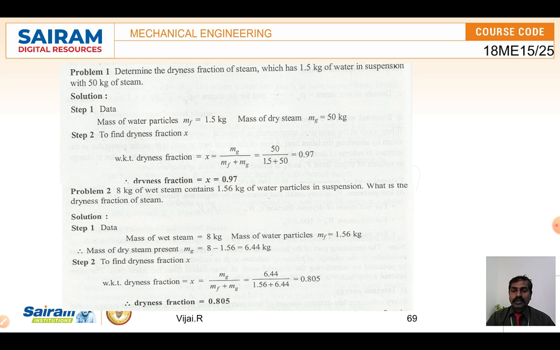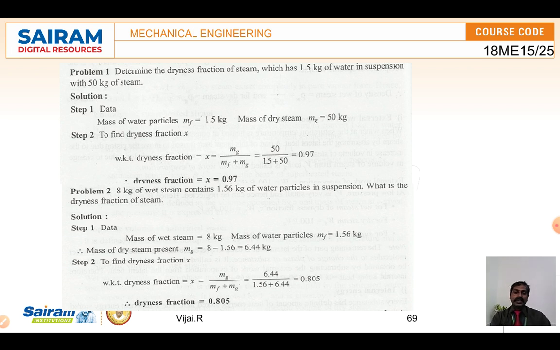The formula to find the dryness fraction x is mg divided by (mf plus mg). So the mass of dry steam, 50, divided by 1.5 kg of water plus 50 kg of steam, we will get 0.97. So when the dryness fraction is 0.97, it is a wet steam only.